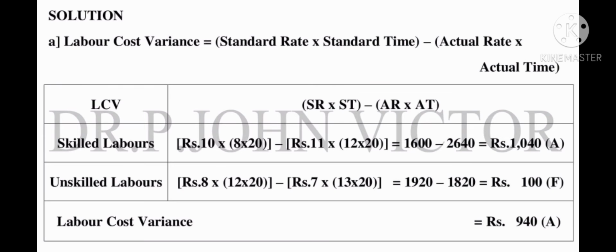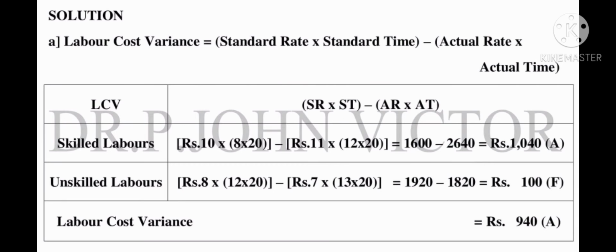Likewise unskilled labors: rupees 8 is the standard rate and 12 workers into 20 hours is the standard time, minus rupees 7 actual rate into 13 workers into 20 hours. Go for the multiplication. The first value is 8 into 12 into 20 is 1920, minus 7 into 13 into 20, 1820.